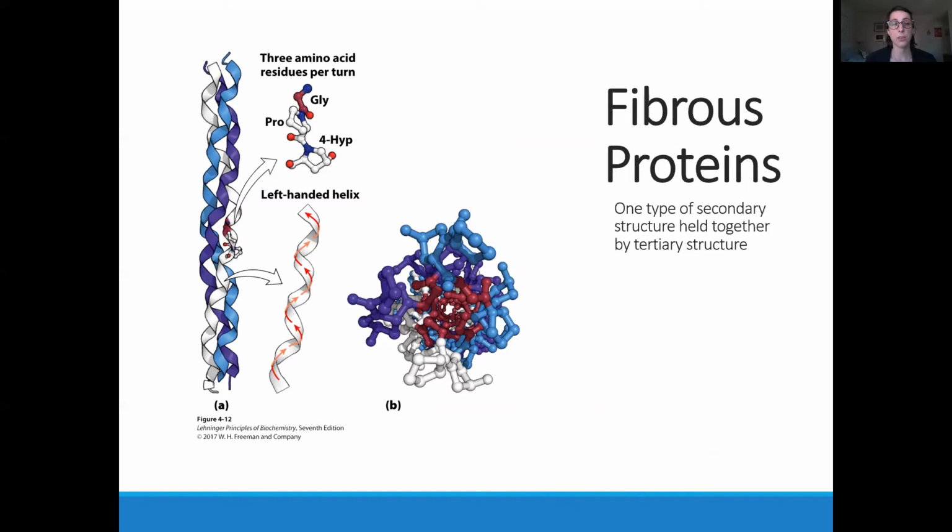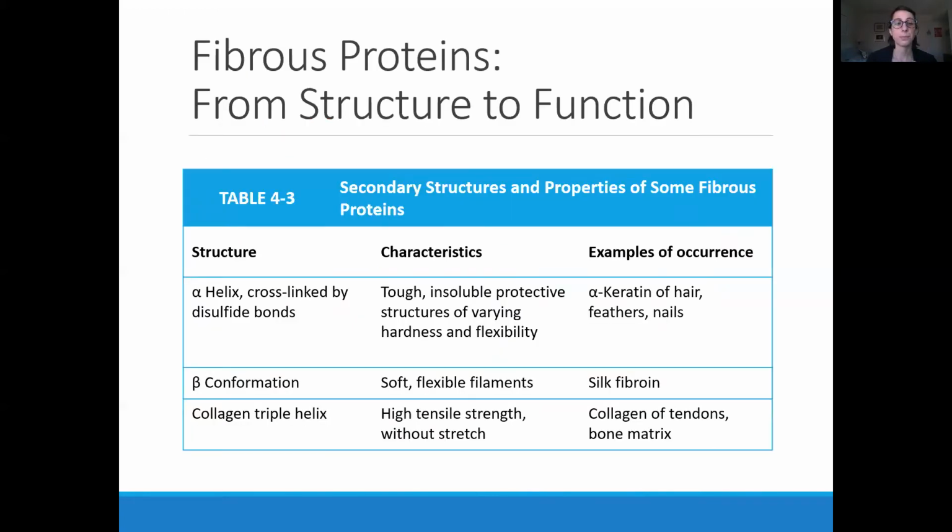Again, fibrous proteins are strand-like types of proteins. They are made up of one type of secondary structure that's then held together in a tertiary structure. So they're either made of entirely alpha helixes or entirely beta sheets, and then those are held together into the single fiber unit of the protein. Here are some examples of that. You can have a bunch of alpha helixes along the structure of the protein.